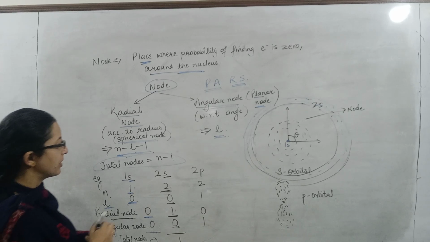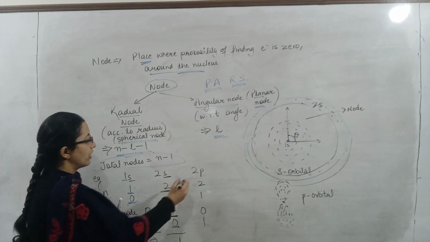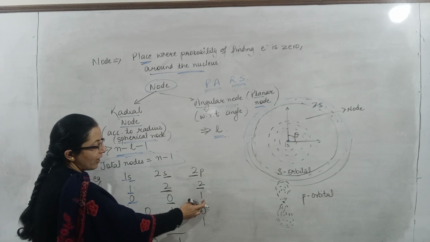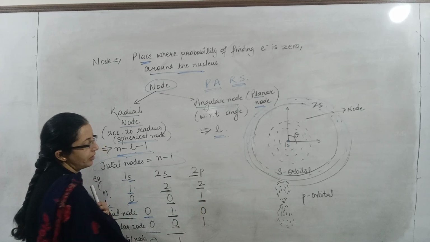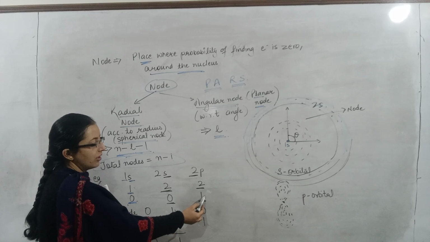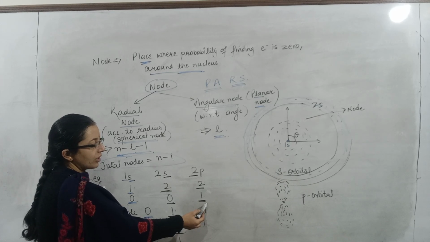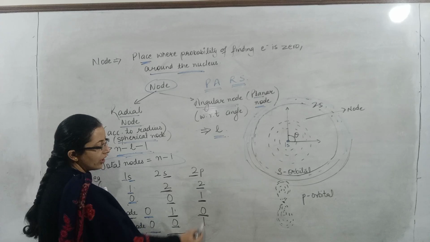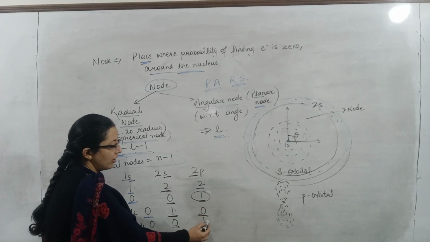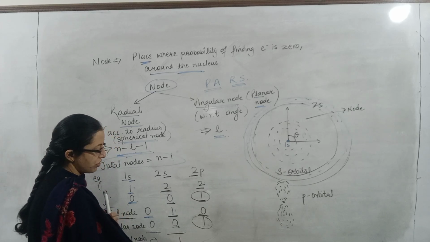Then next is 2p. Now the value of n is 2 and for p orbital the corresponding L value is 1. ठीक है, so n minus L minus 1 gives me 0. So there are 0 radial nodes and there will be 1 angular node, right?